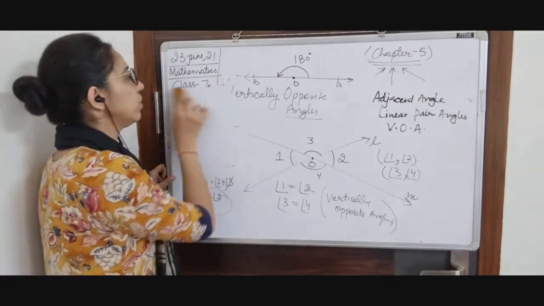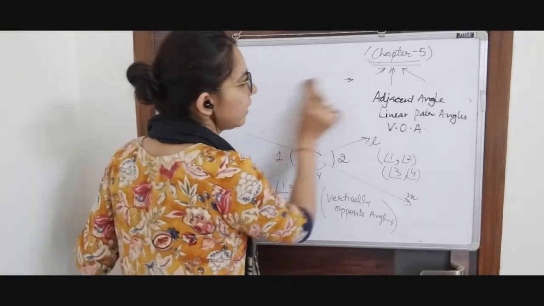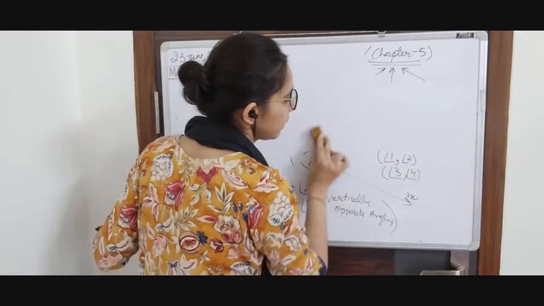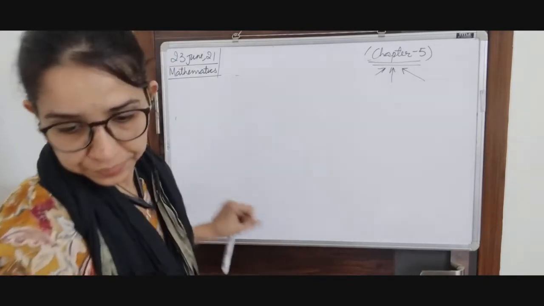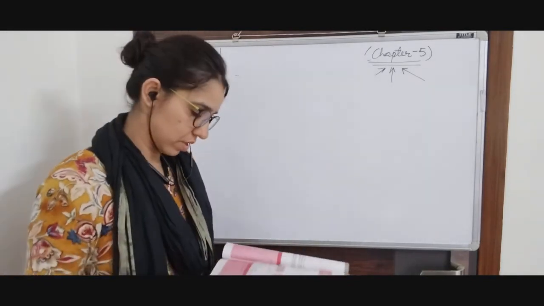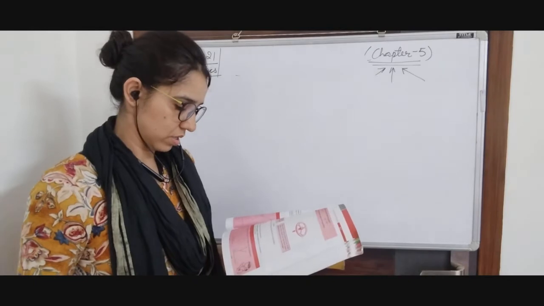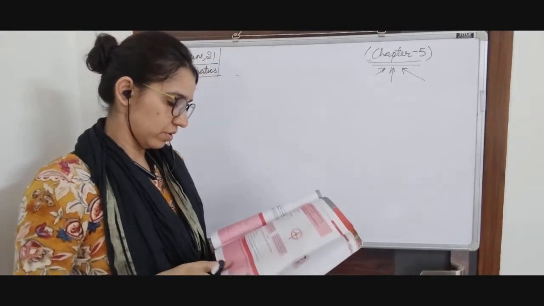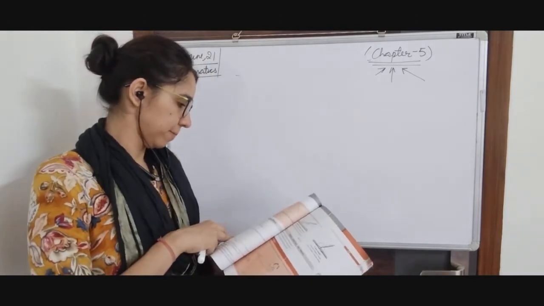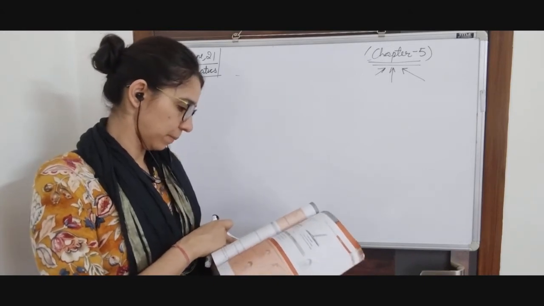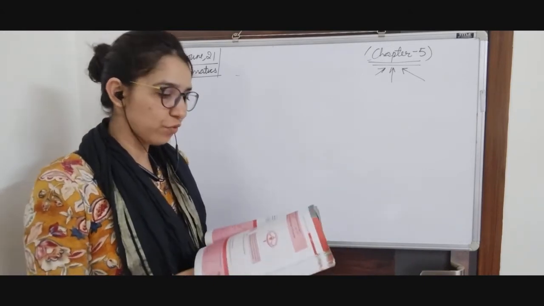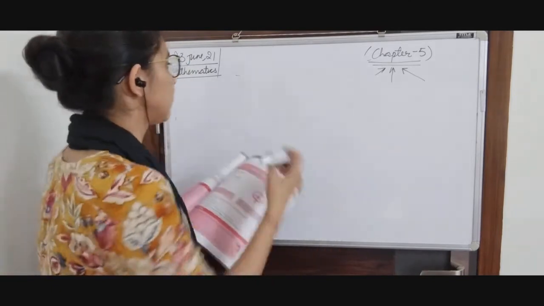So we studied about adjacent, linear pair and vertically opposite angles. Now we are going to try these out on page number 97.